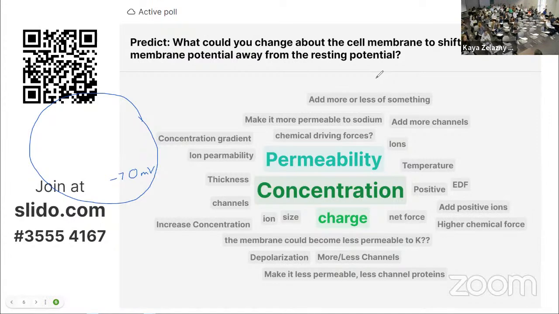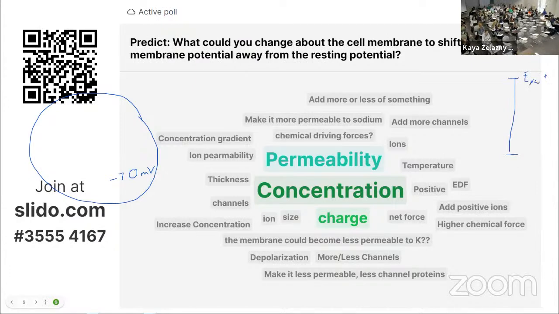And if we change the distribution of those charged ions on either side of that membrane, that would also change this essentially electrical measurement of what we have on either side. Okay. However, what we're going to see happening when we start to talk about neurons and the action potential is that permeability shifting.